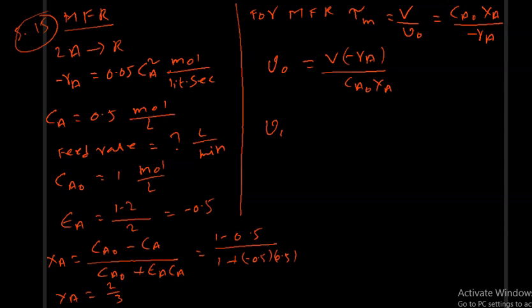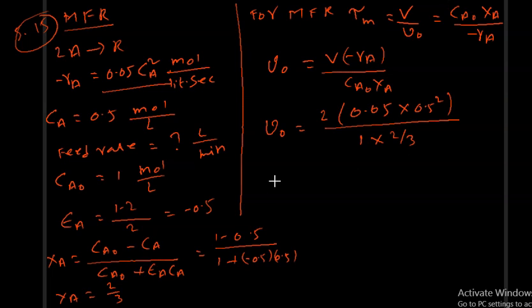So let us substitute the values here. So volume of a mixed flow reactor is 2. And what is minus Ra? Minus Ra is equal to 0.05 into Ca square. So what is the value of Ca? 0.5 square divided by Ca naught into Xa. So 1 into 2 divided by 3.